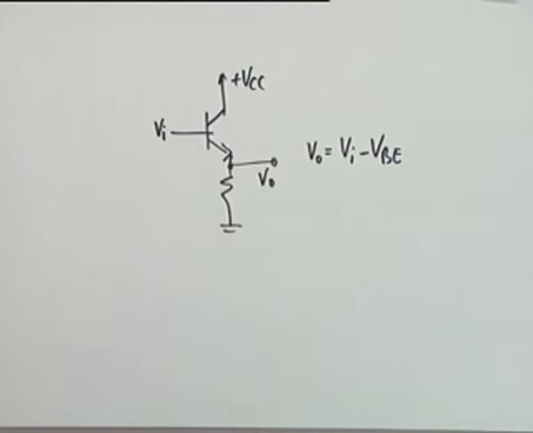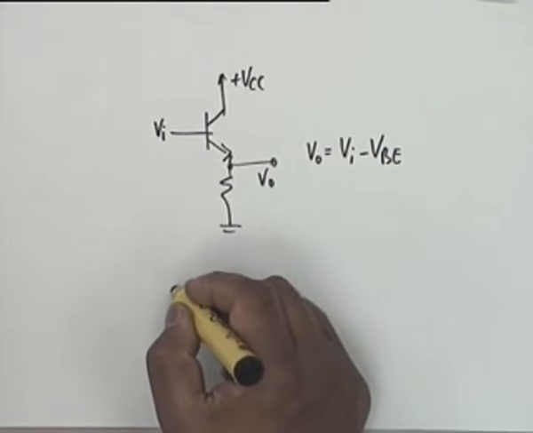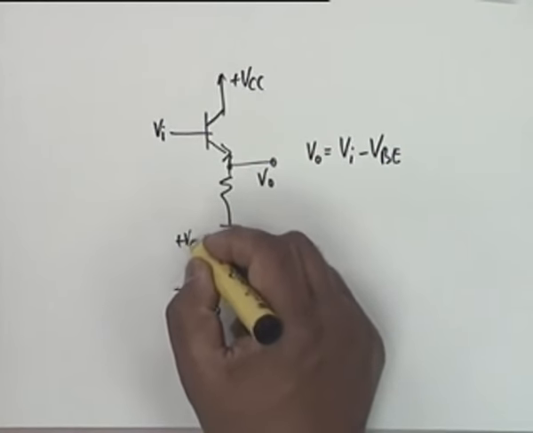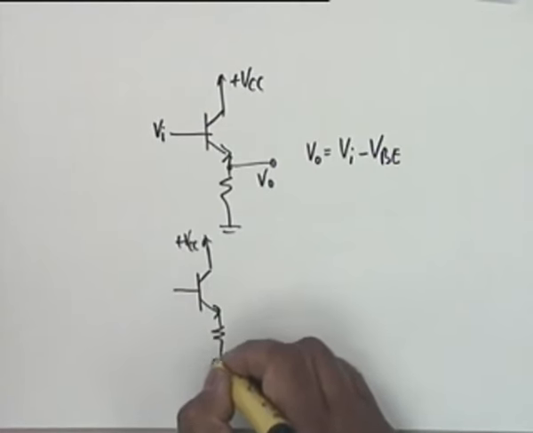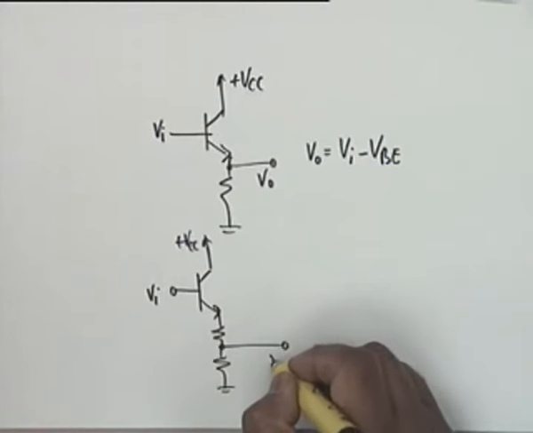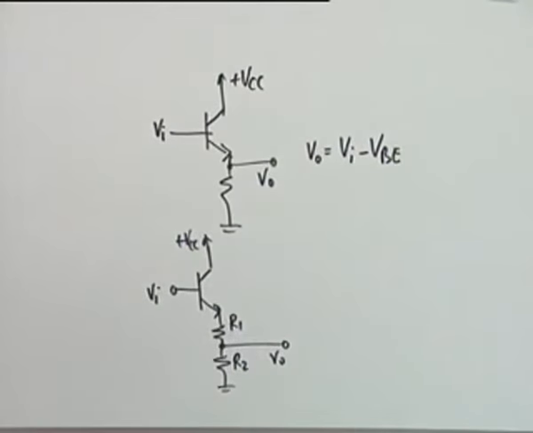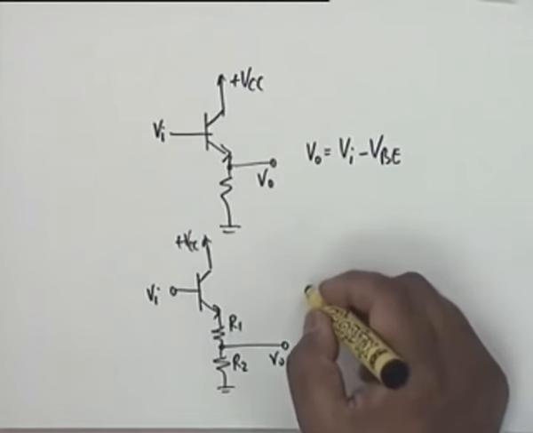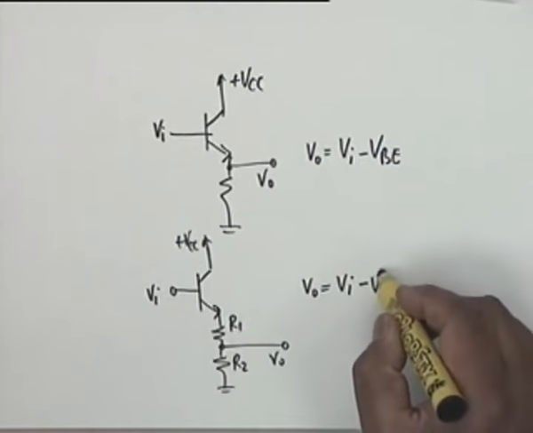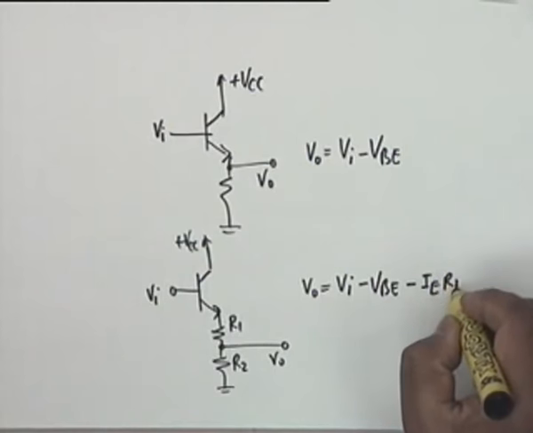If you want more than 0.7, then what you do is you use a circuit like this. The same emitter follower plus VCC, but you use two resistances, let's say R1 and R2. Here V0 would be equal to VI minus VBE minus IE times R1.